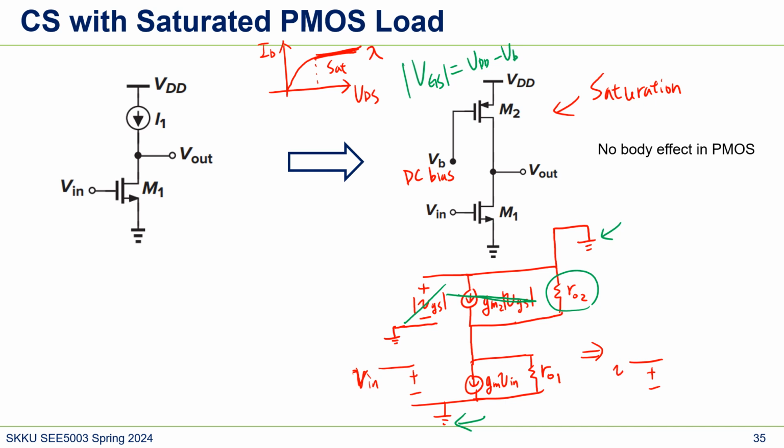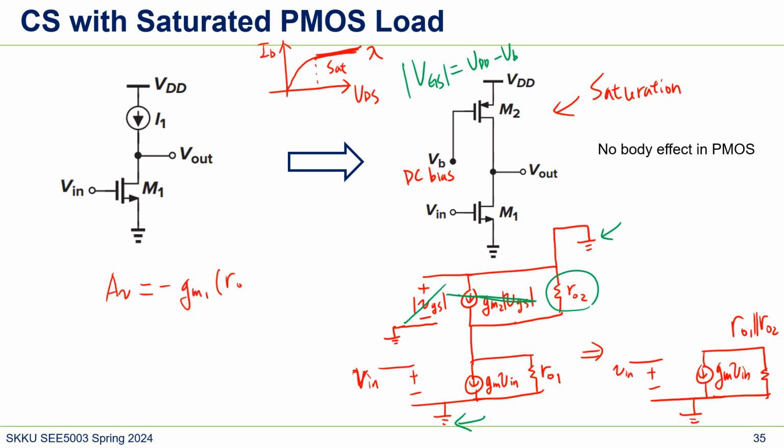So this turns out to be plus minus Vin, gm Vin, and here's ro1 parallel ro2. So the gain is minus gm1 times ro1 parallel ro2.